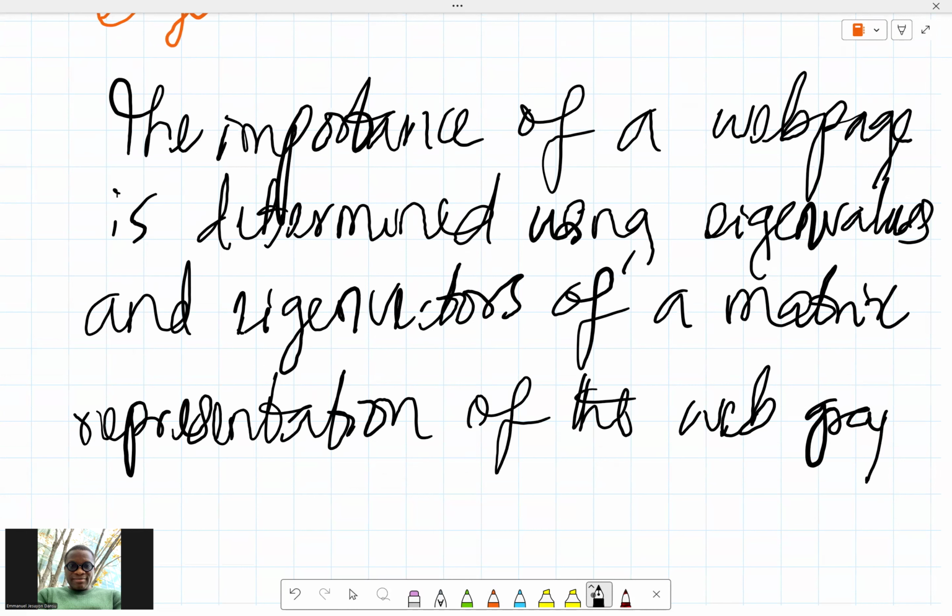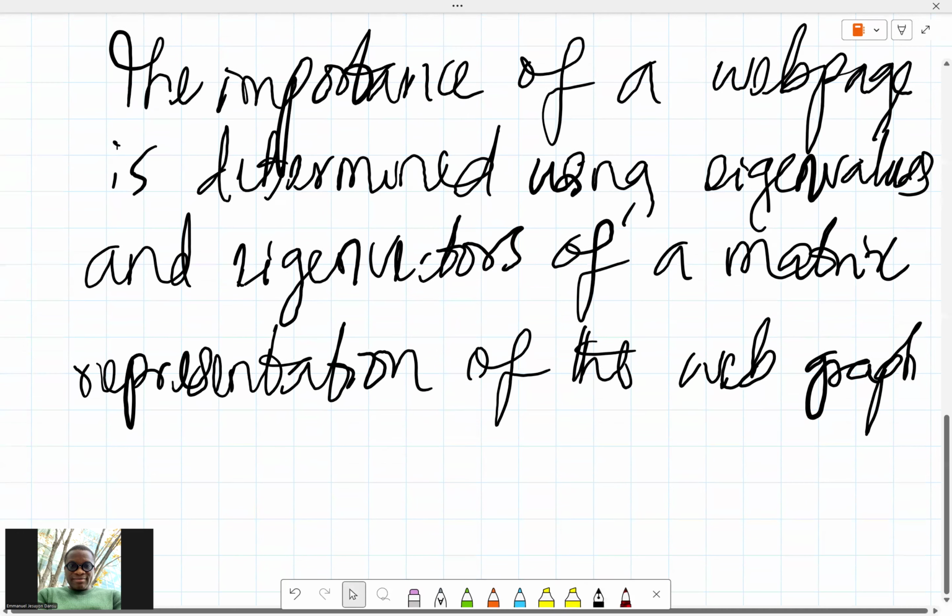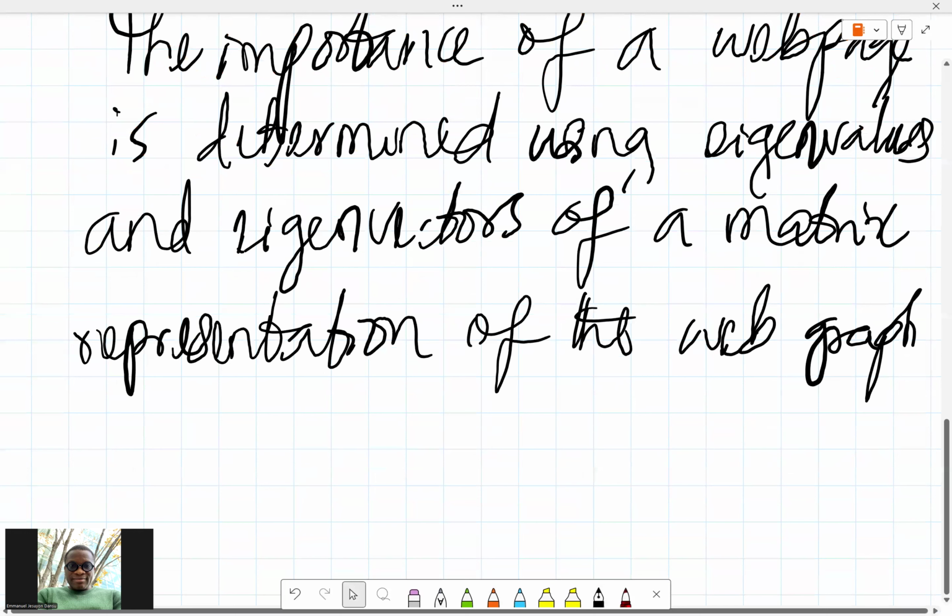So you can actually write every graph. One of the ways of representing a graph is in a matrix form. So matrix representation of the web graph.